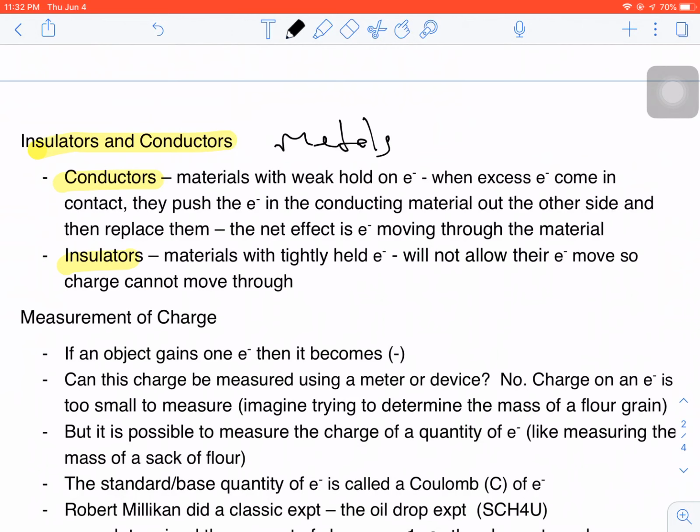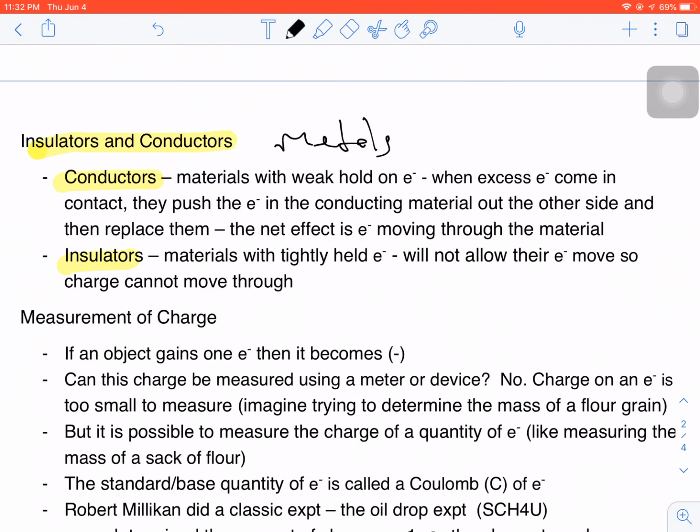What that means is if I push an electron into one side of a copper wire, it will push the electron that's in front of it deeper into the wire, which will push the one ahead of it further and further until I get to the far end of the wire, and then the electron will get bumped out the end. So as I force an electron into one end, it is forcing an electron out the far end. That's how our conductors work.